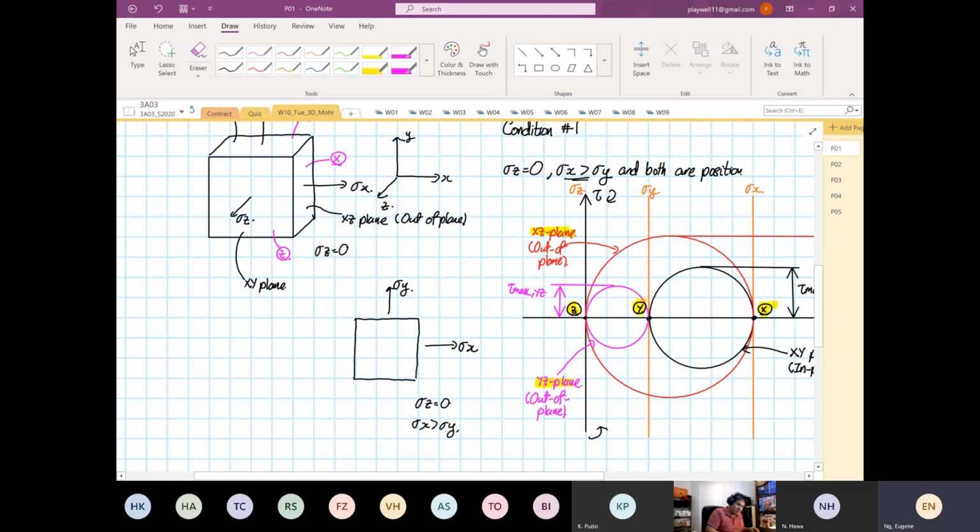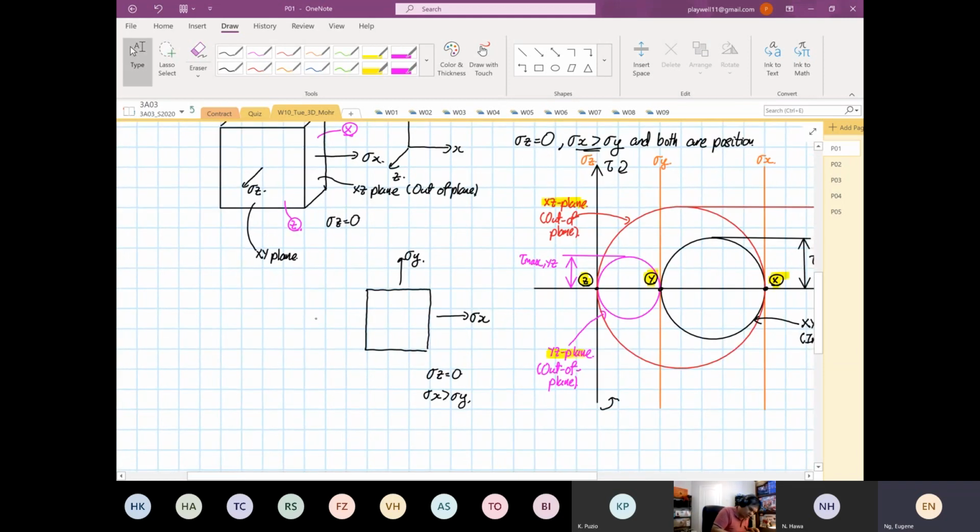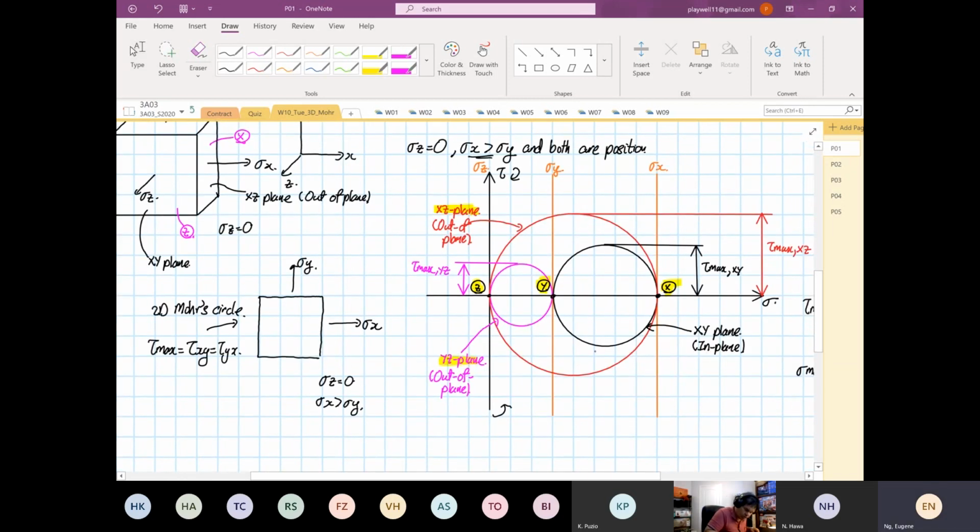The problem is this. If you analyze it in 2D, you realize that your tau max is equal to your shear xy, which is equal to shear yx. Right? In 2D, you only draw this circle for 2D analysis.